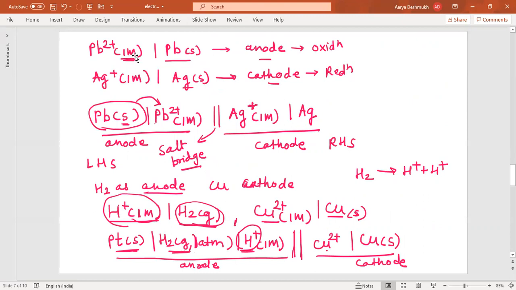Remember, these are the standard conditions: concentration is 1 molar, temperature is 298 Kelvin, and pressure is 1 atmosphere. If the cell reaction is carried out at these conditions, the potential developed is known as the standard potential.